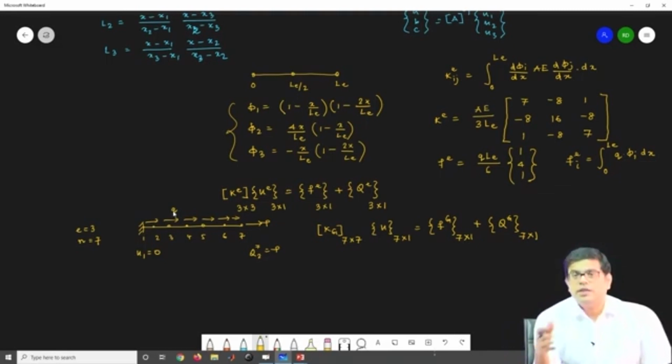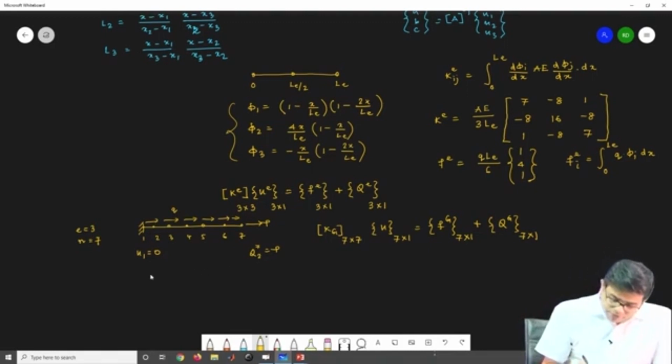So the interesting point here is that the number of elements, even though it is the same, the number of nodes increases, by which we are actually increasing the polynomial order in the approximation. So this is known as the P refinement of the problem.